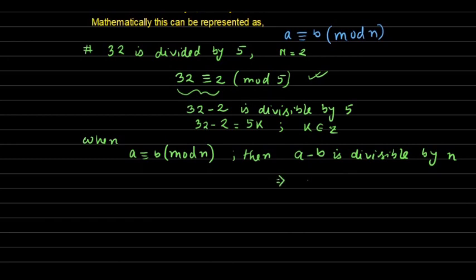Further, we can write a minus b is n times k, where k is an integer.